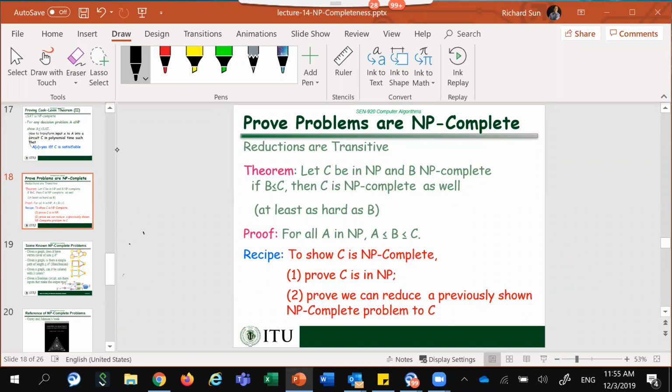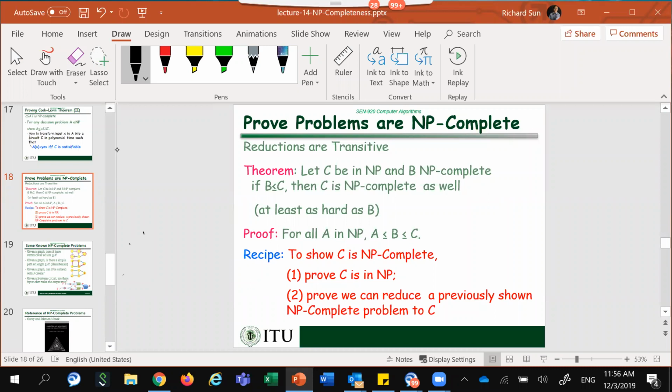So given this theorem, how do you show a problem is NP-complete? First, you show problem C is in NP. You are given a problem C, you want to prove C is NP-complete. The first thing to prove is that C is in NP, meaning it's polynomial time verifiable.